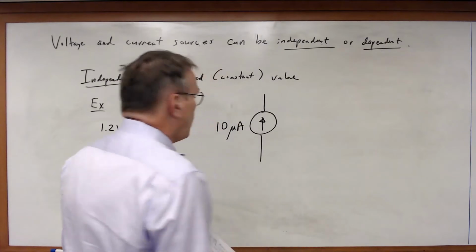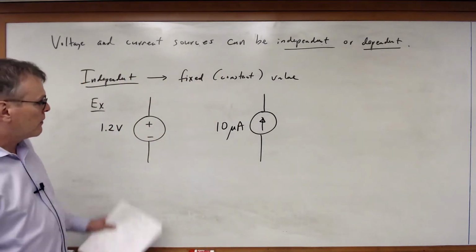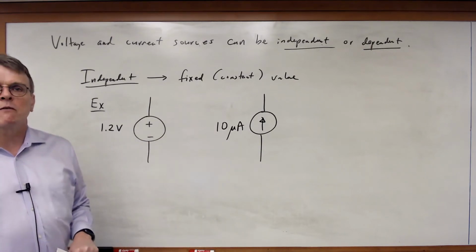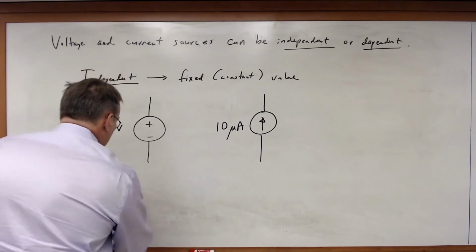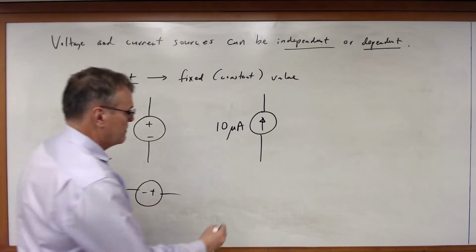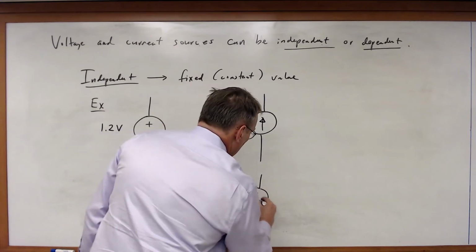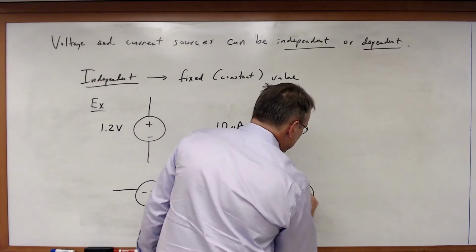Now, something I want to point out, and this is something you have to get used to because you're going to see this over and over. In terms of orientation, I can draw these any way I want to. So for example, I could draw this on its side. I can flip this and draw this upside down. I can draw it diagonally.